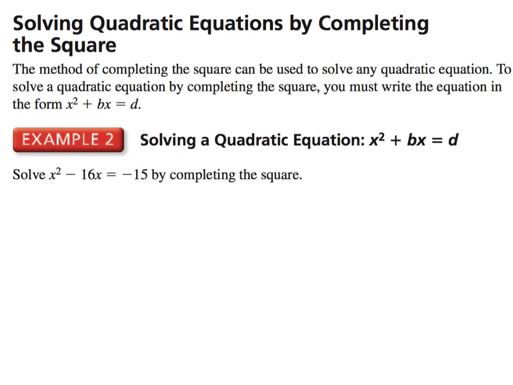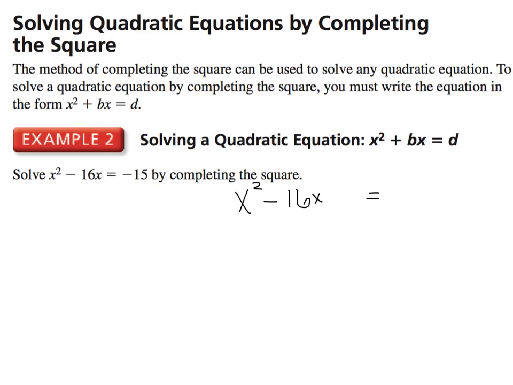So the next part is actually solving an equation by completing the square. Solve the equation by completing the square. Here's what we do. Pay attention. x squared minus 16x, I leave a blank.